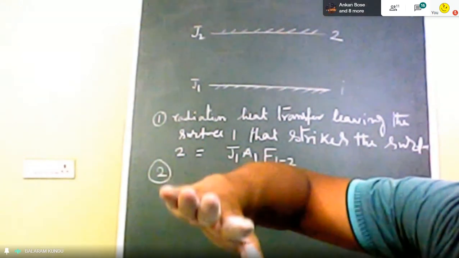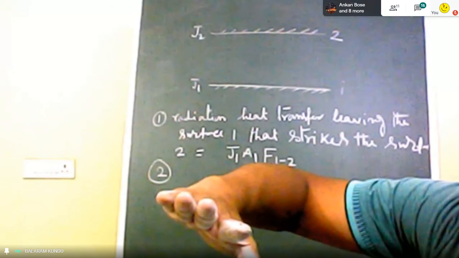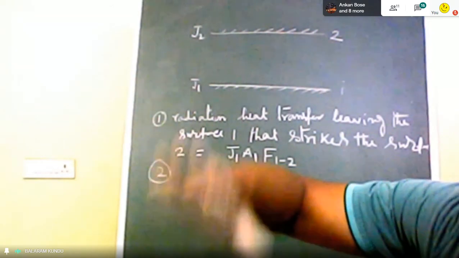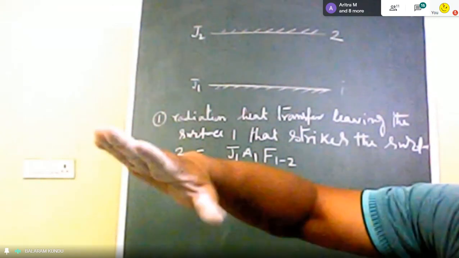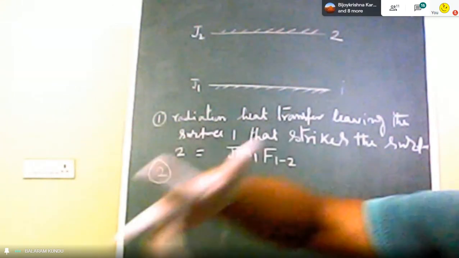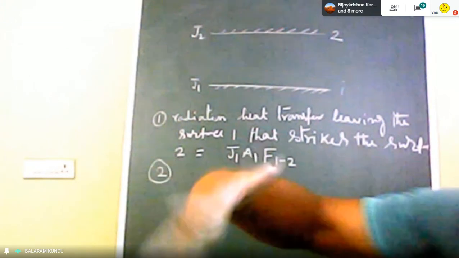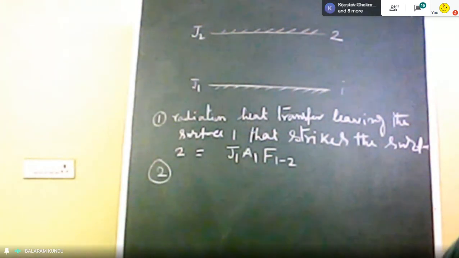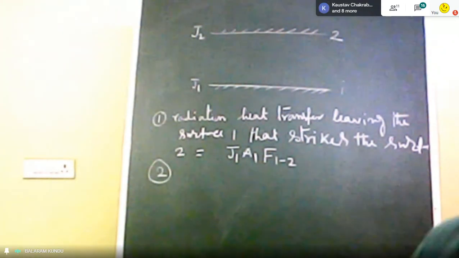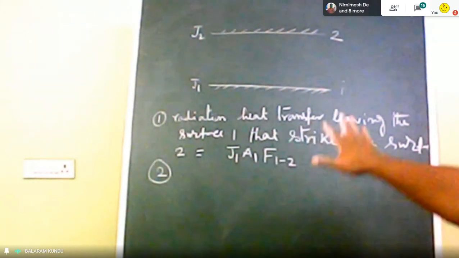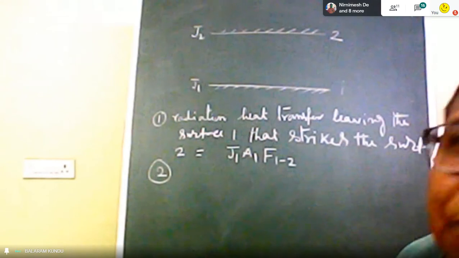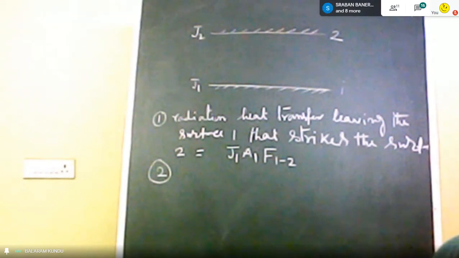The radiosity of that surface is J1. Radiation heat transfer occurs due to temperature. If a body has a temperature greater than minus 273 degree centigrade, it emits thermal radiation.